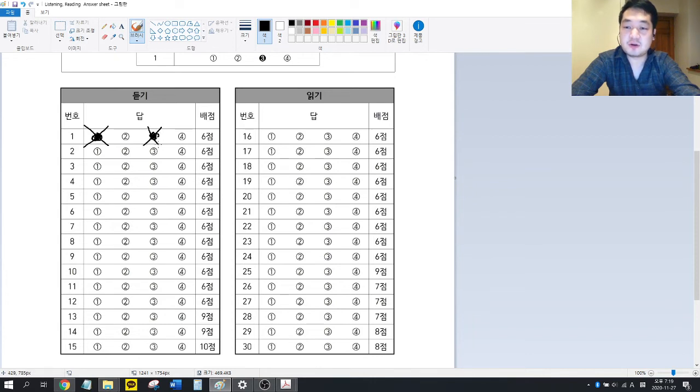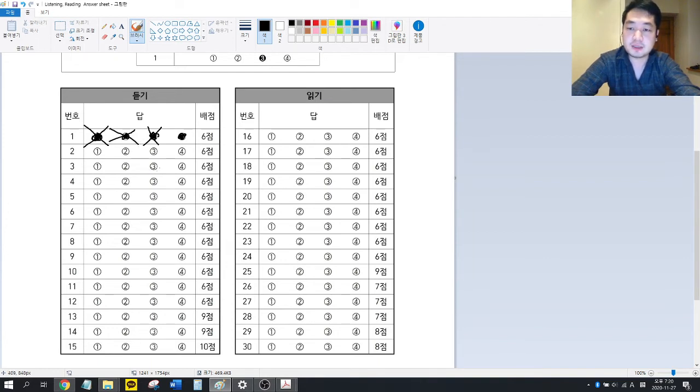It was number four. Then mark like this. If the answer is number four, then it's a correct answer. But if you mark both number two and number four, then I'm not sure which one you have chosen. Then I will mark it as a wrong one, even if the answer is four or two. Okay, so make it clear.